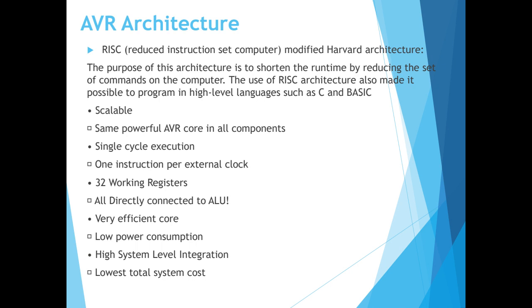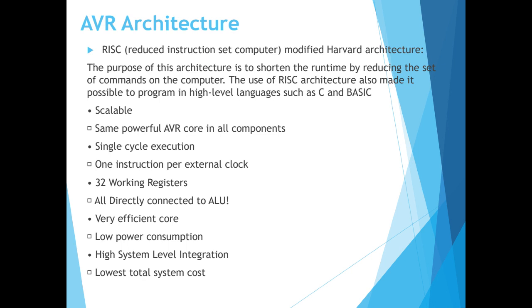Instructions in the program memory are executed with a single level pipeline, meaning that while one instruction is being executed, the subsequent instruction is prefetched. Then we can say that Harvard architecture contains separate storage and separate buses, signal paths for instruction and data.